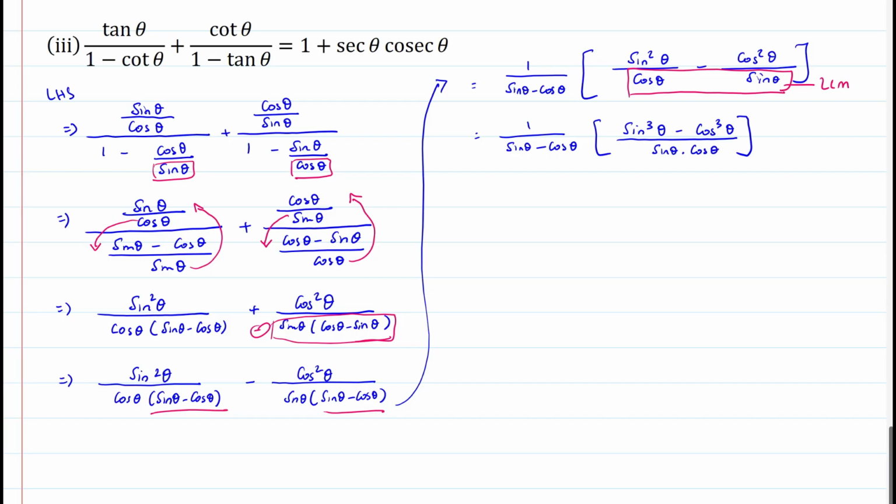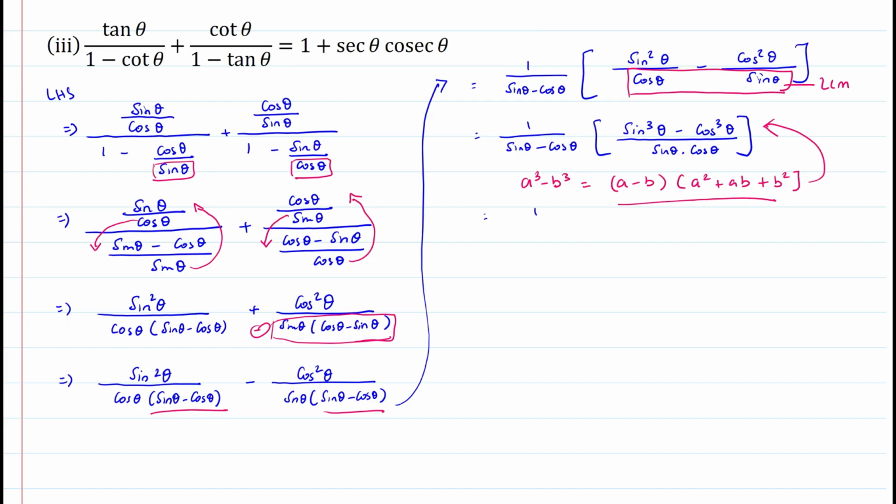So, what is a cube minus b cube? A cube minus b cube is actually equivalent to a minus b into a square plus ab plus b square. So, we can convert this into this format.